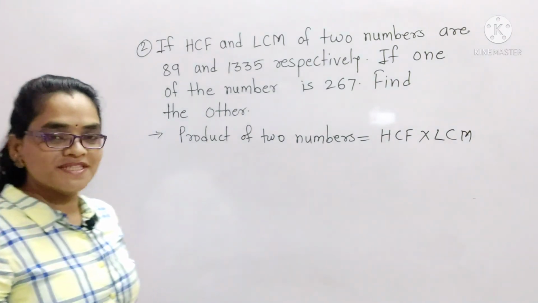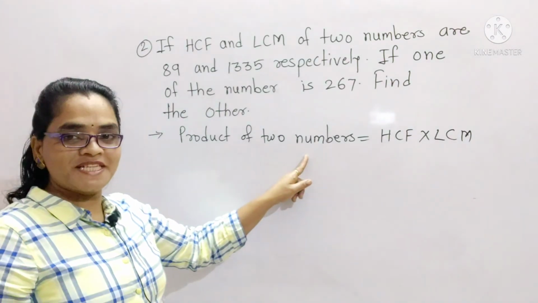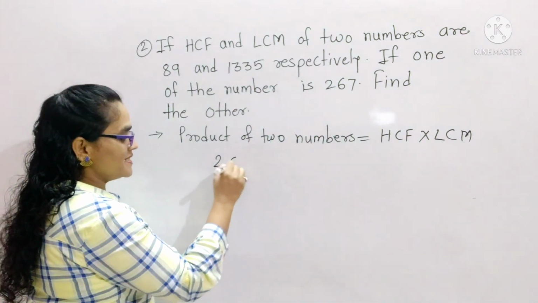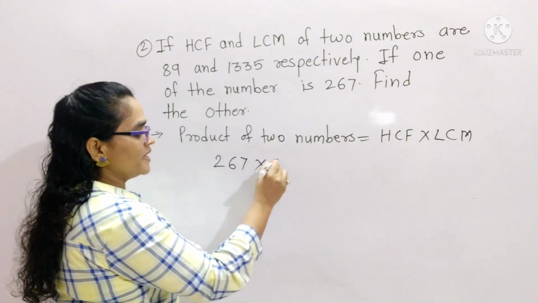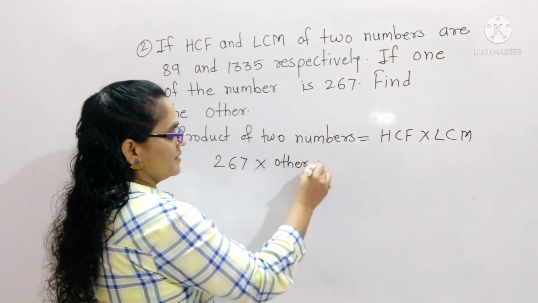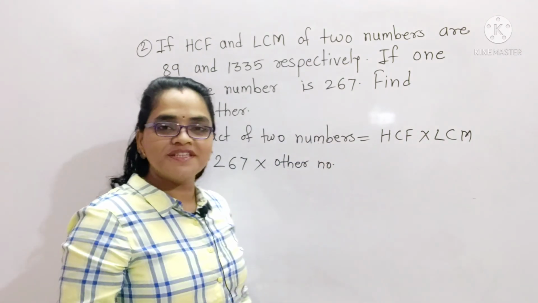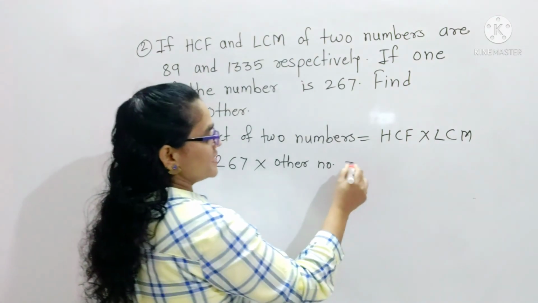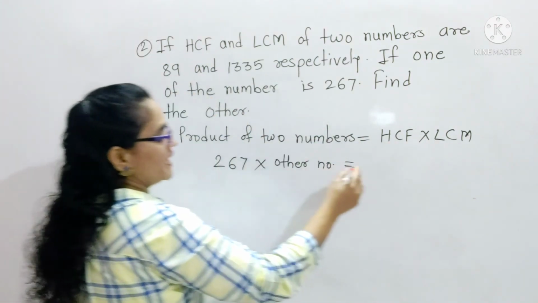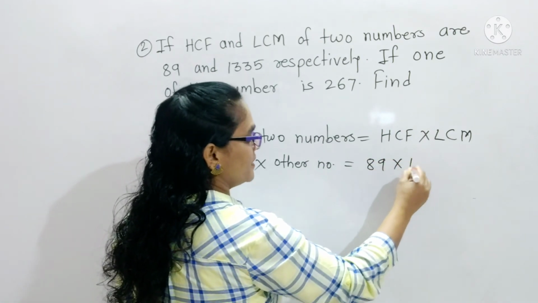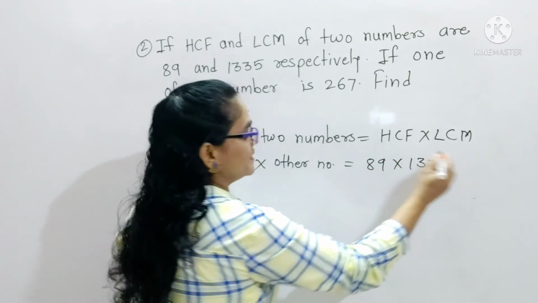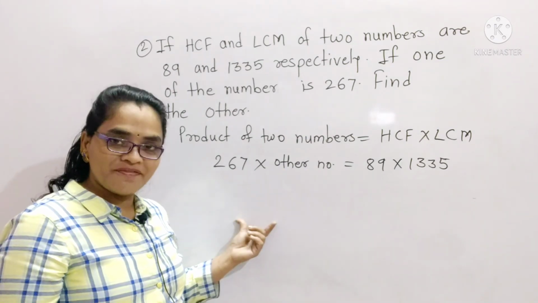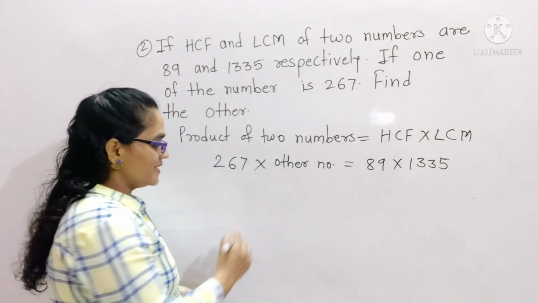And put in their values. The product of two numbers, but here one number only we know, 267. The second number you can write as other number, or you can put x, means let the second number be x, anyone. It is equal to HCF given 89 and LCM given 1335, and just solve it. The other number is now here at the left hand side, so keep as it is.